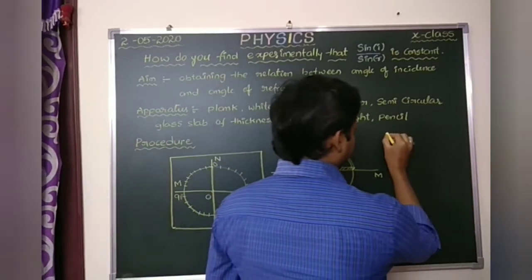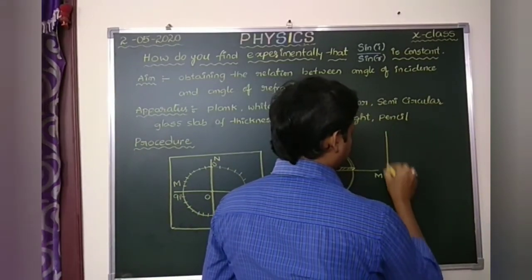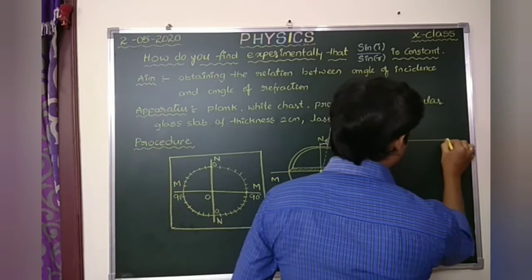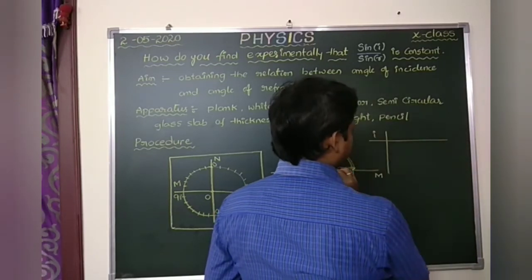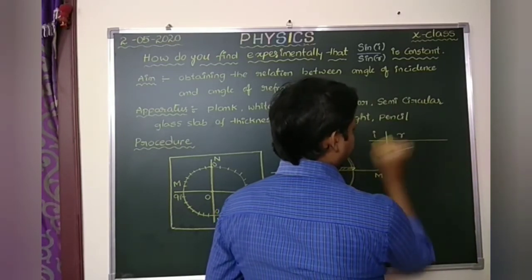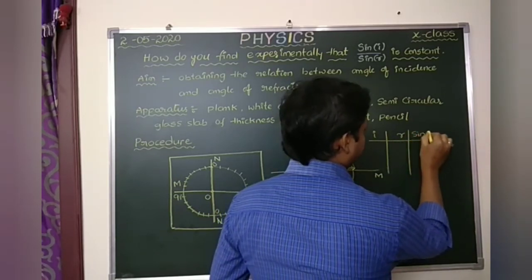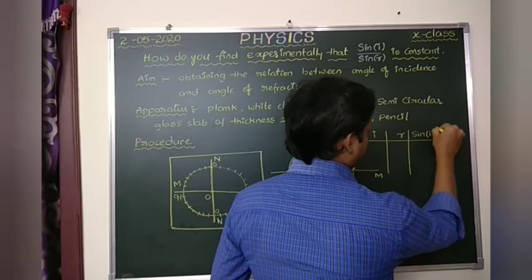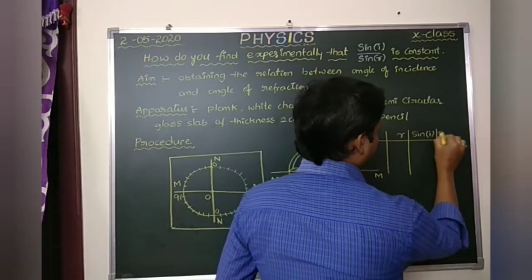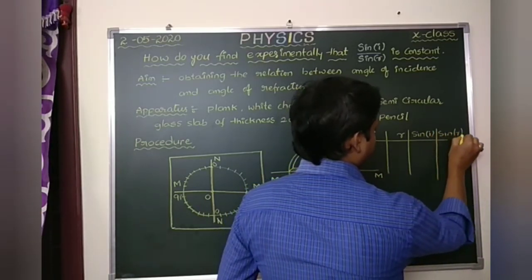What is the table we need to consider? The table must contain angle of incidence, angle of refraction, sine of angle of incidence, and sine of angle of refraction.